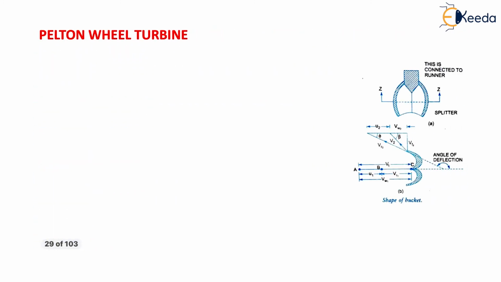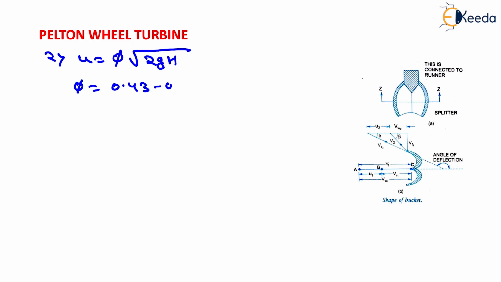The second point is the velocity of the wheel U, which will be equal to phi into root of 2gh, where phi is the speed ratio and it generally varies between 0.43 to 0.48.